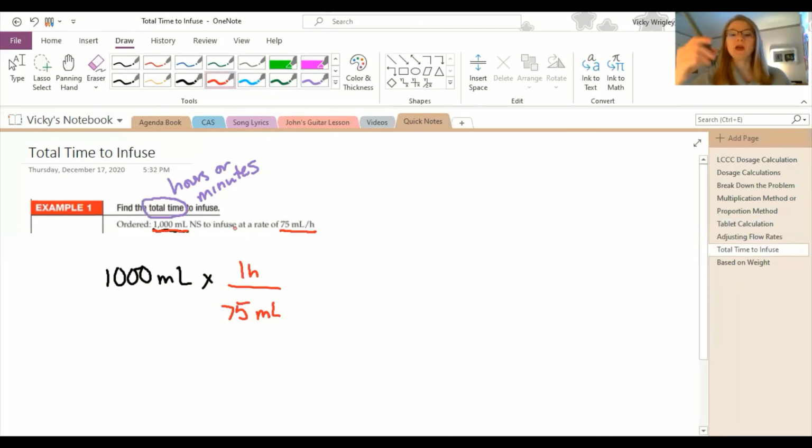So you can multiply by the flipped fraction, which will cancel out our units. And that will give us 1,000 times 1 hour over 75.